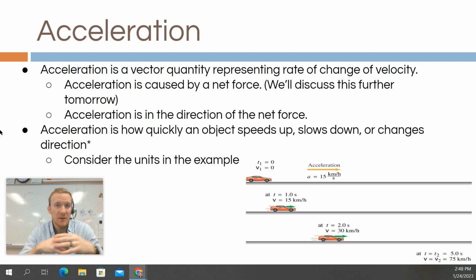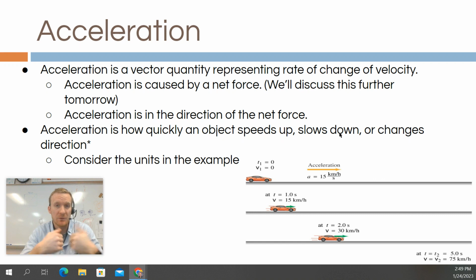So acceleration in a more mathy sense is of course a vector quantity. So remember that this has both a magnitude and a direction. And the key is that it just represents a rate of change of velocity. How quickly are we changing our speed and direction? We know that in order to change your speed and direction, we have to have some sort of force applied, right?